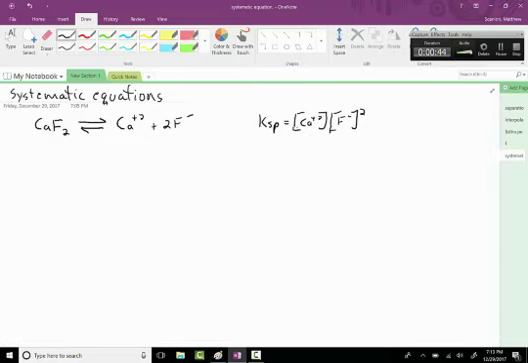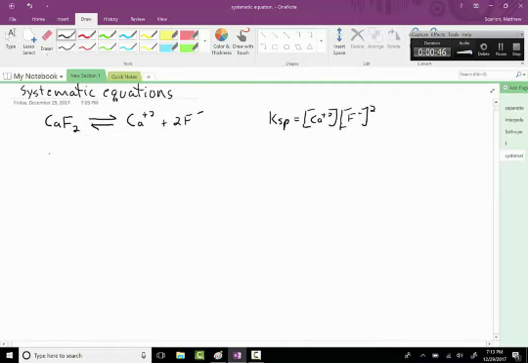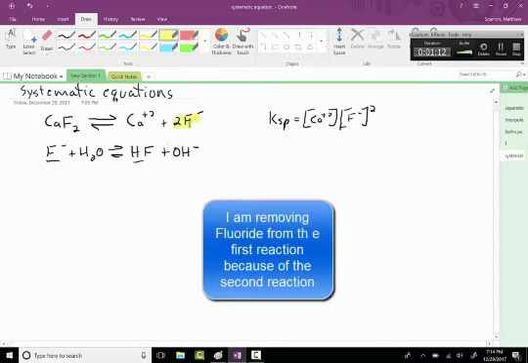The problem we have is with our fluoride. The fluoride, F minus, can also react with water to give us HF. It's a weak base, conjugate acid-base pairs here, F minus and HF plus OH minus. Now, Le Chatelier's principle comes into play here because what's happening is I'm removing fluoride in this reaction.